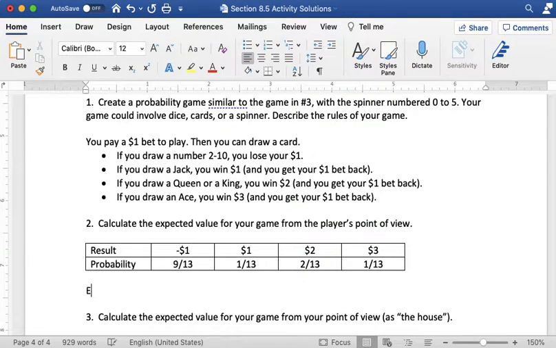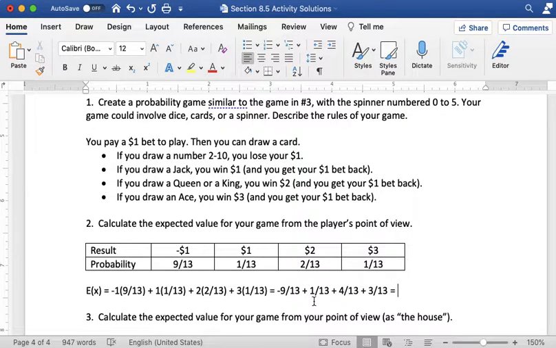To calculate my expected value, I'm going to multiply each result by the probability. So -1 times 9/13 plus 1 times 1/13 plus 2 times 2/13 and plus 3 times 1/13. So that is going to be -9/13 plus 1/13 plus 4/13 plus 3/13.